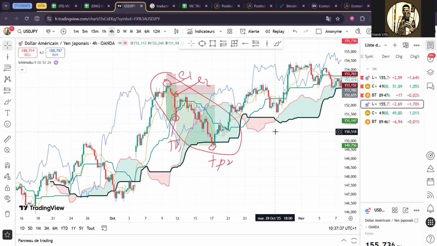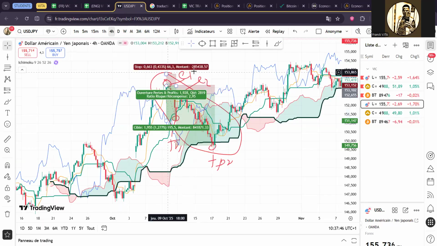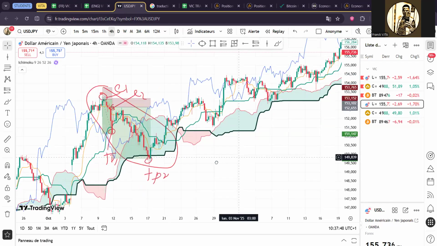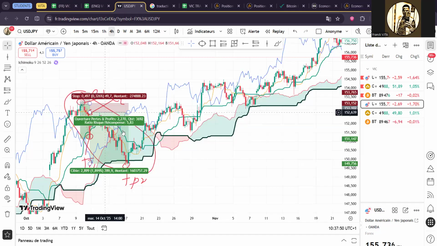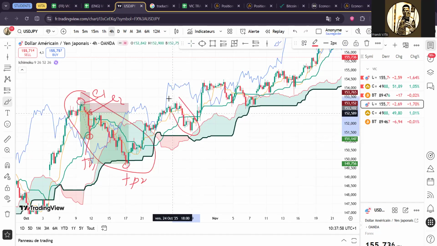That's it. Okay, cool. That's how you trade the correction. Even on this small correction, right? On this small correction here, you see that the entry is on the empty space.